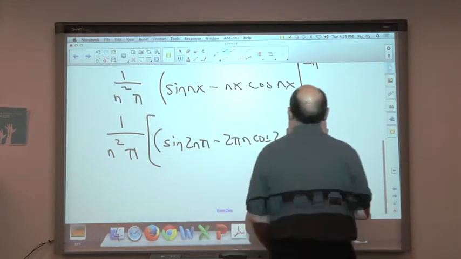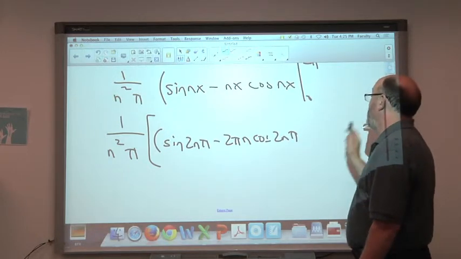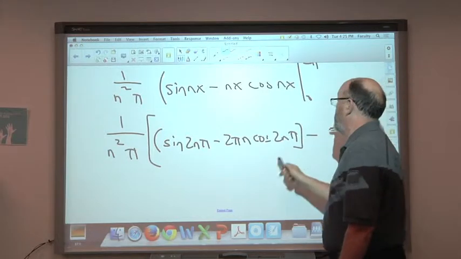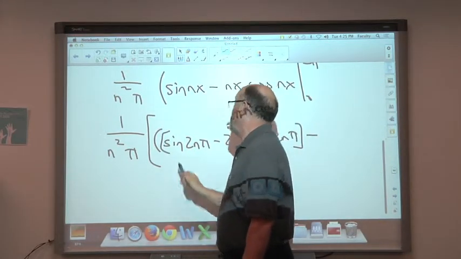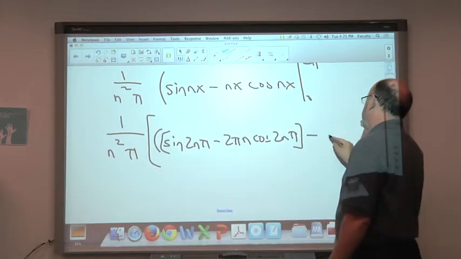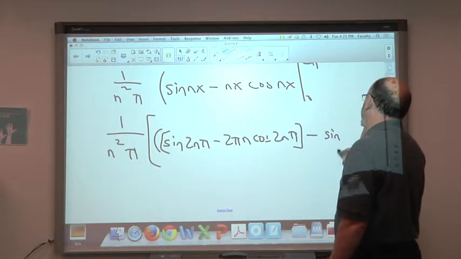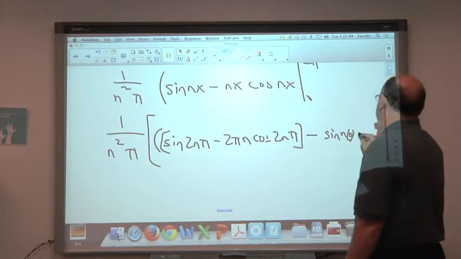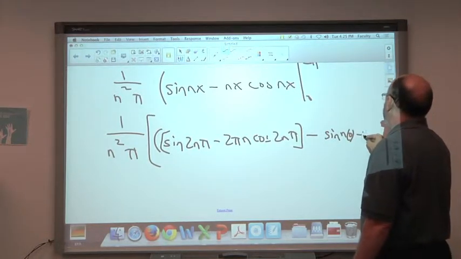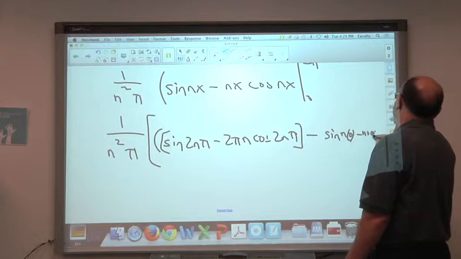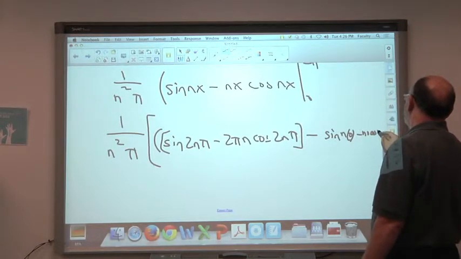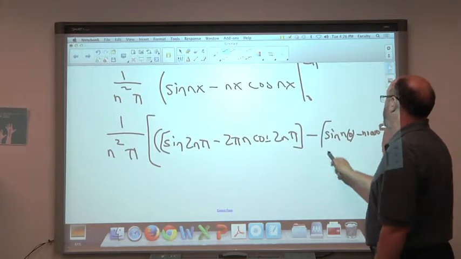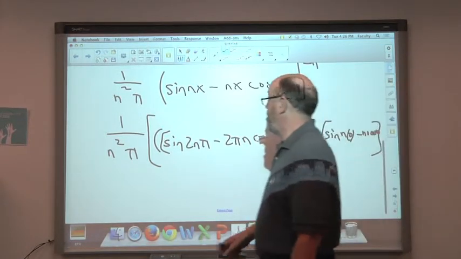Okay. So that's what happens when we plug in our 2 pi, and then it'll be minus what happens when we plug in 0. So sine of n times 0 minus n times 0 cosine n times 0.